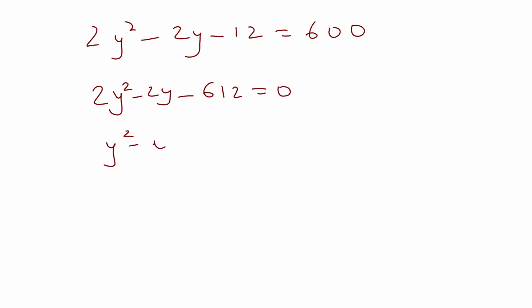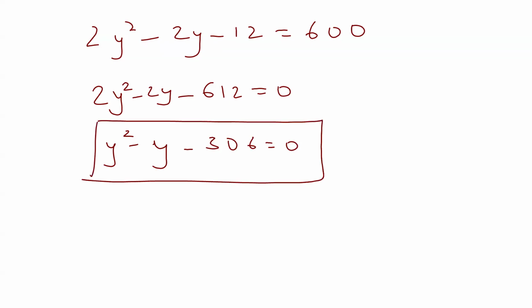So y square minus y minus 306, reduce it by 2. So we get a quadratic equation in y. You solve this by formula method, you'll get y is equal to 18 or y is equal to minus 17. You can also split the middle term and solve. I hope you're understanding this.